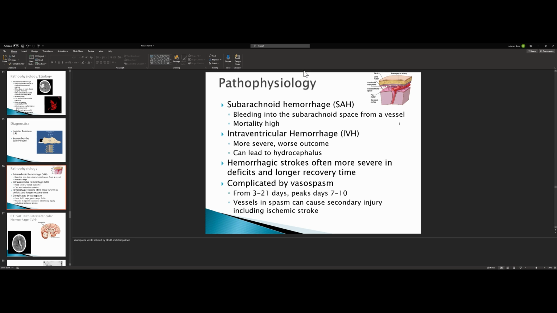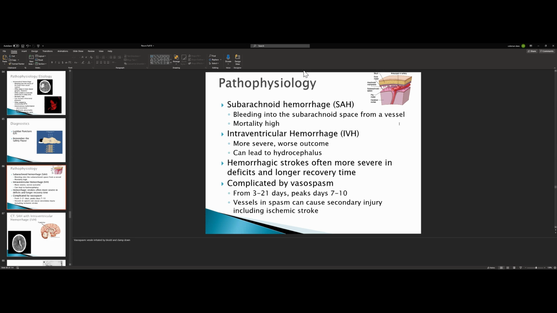Now, it mentions here intraventricular hemorrhage. I don't want this to be categorized specifically to SAH, subarachnoid hemorrhage. IVH can occur with an ICH. It can occur with a subarachnoid hemorrhage. It can occur with any bleeding that happens in the brain.